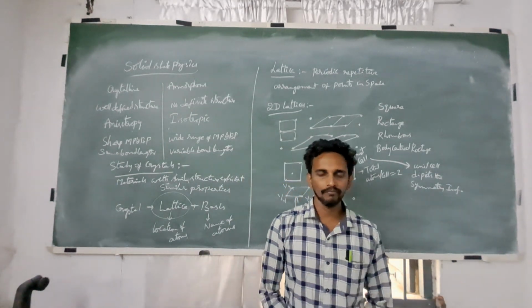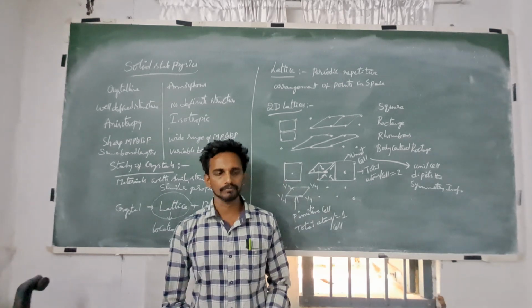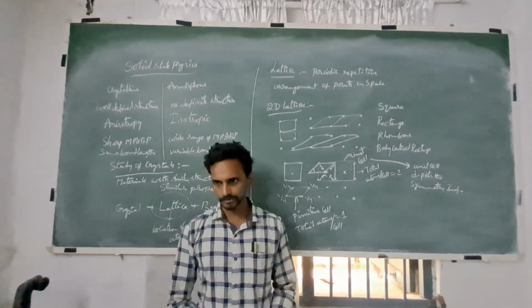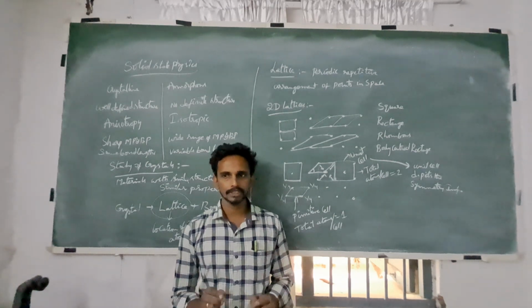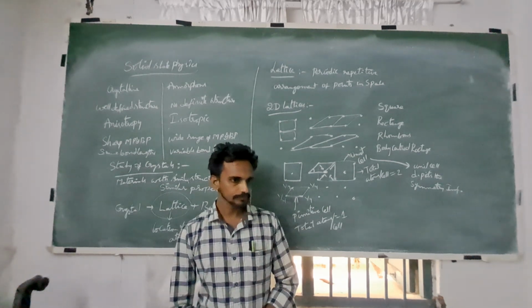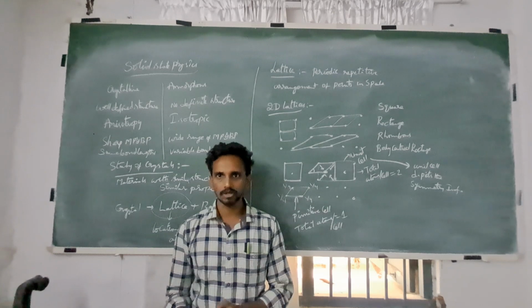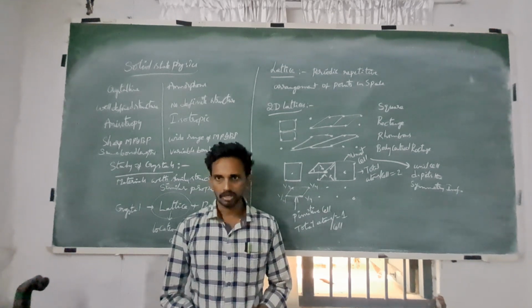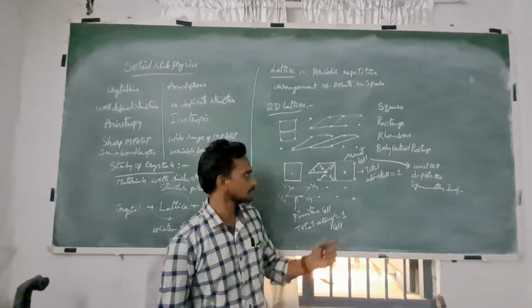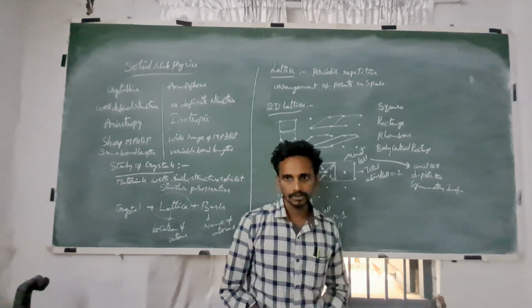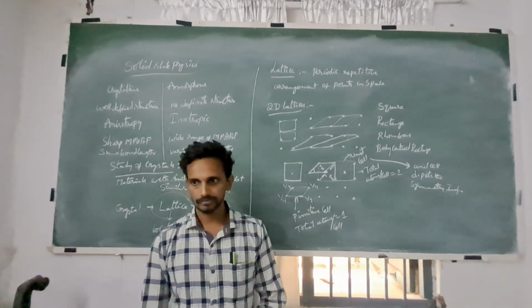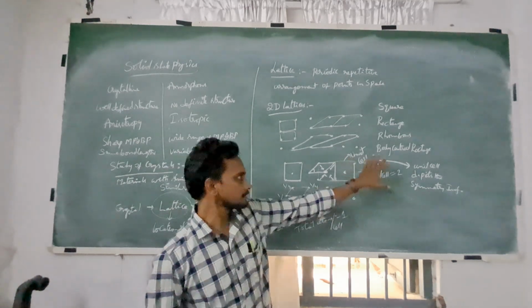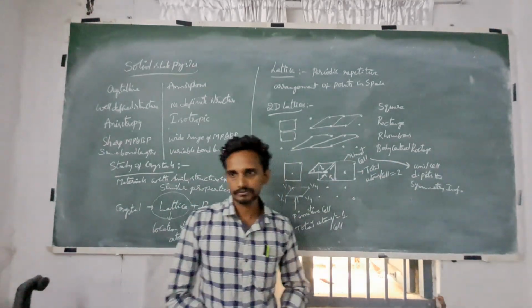A unit cell may have 1 atom per cell, or it may also have 2 atoms or more atoms per cell. But the main purpose of the unit cell is to represent the symmetry completely: how the forces are balanced, how the atoms are arranged. All the symmetry information is clearly represented in the unit cell. So it may require more than 1 atom sometimes.